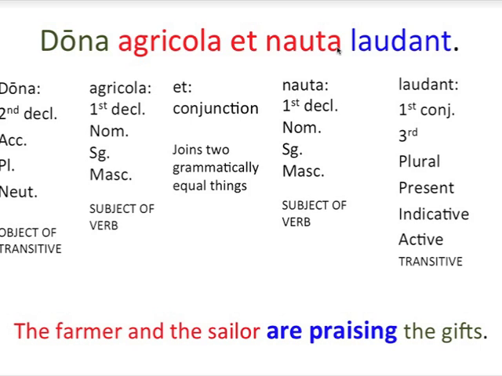Now, your book gives you multiple options for translating the present tense. This is because English has a number of different ways to show an action in the present, where Latin has only the one. So a valid translation for dona agricola et nauta laudant would also be the farmer and the sailor are praising the gift.